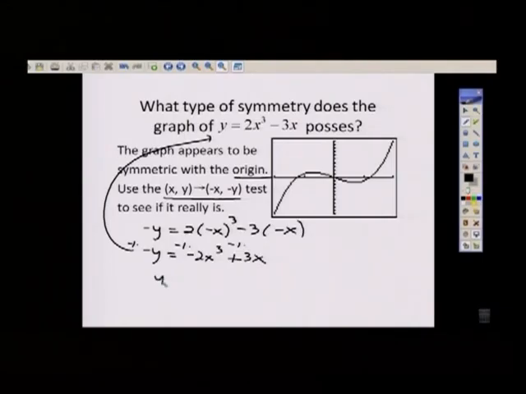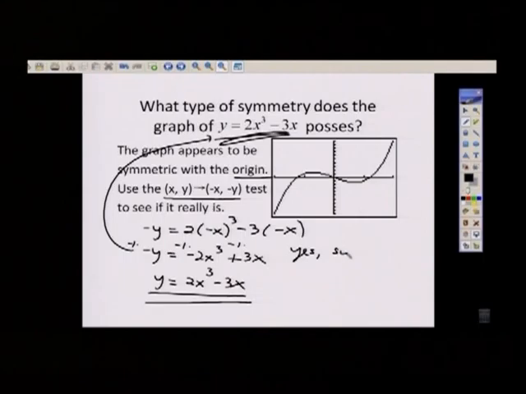So that makes a positive y, a positive 2x cubed, and now a minus 3x. And that is exactly the same as the original equation. So yes, it is symmetric with the origin. So that's how you do the symmetry tests.